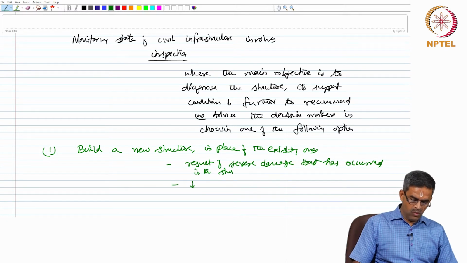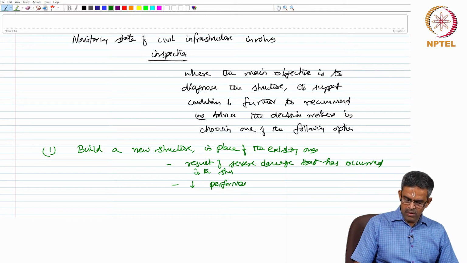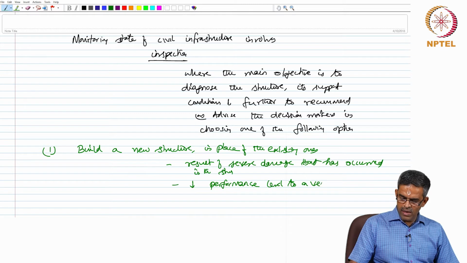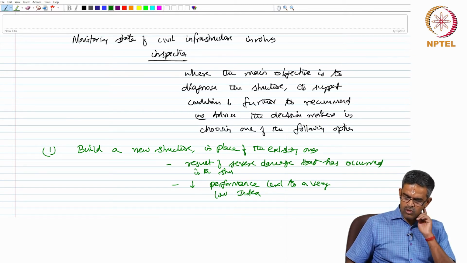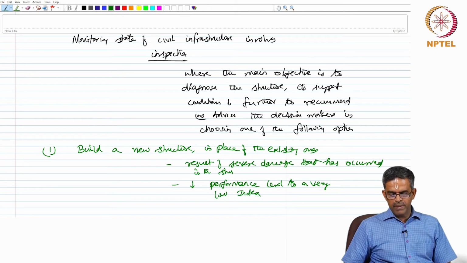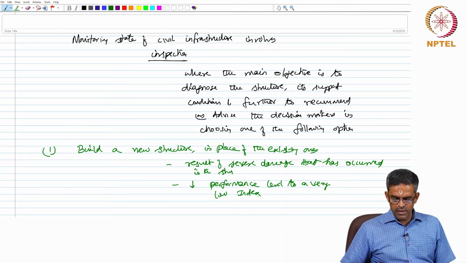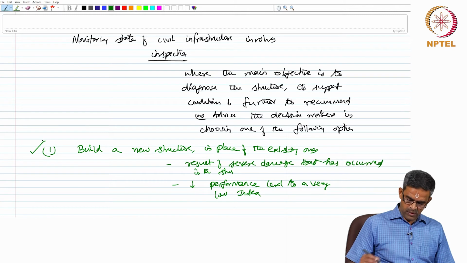It has reduced the performance level to a very low index. In such situation, inspection can recommend rebuilding of a new structure.